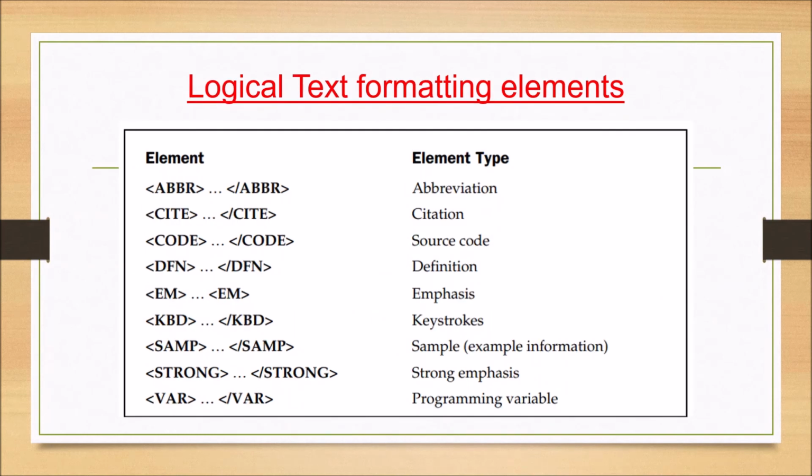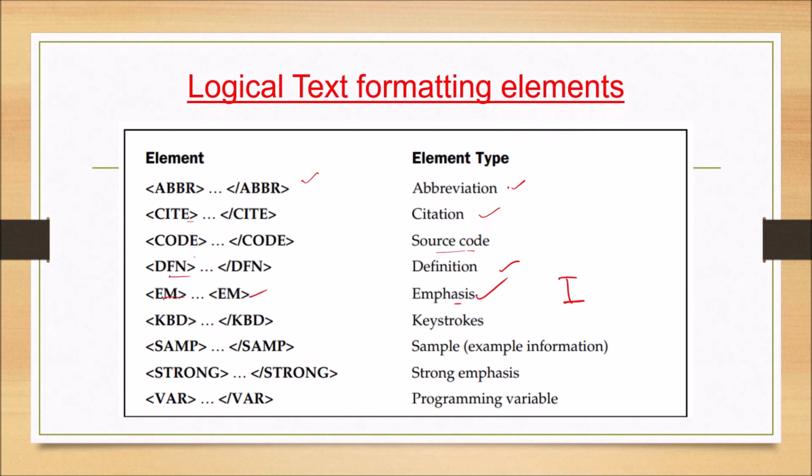Some logical text formatting elements are also there, like ABBR, which defines an abbreviation, CITE tag, which defines a citation, code tag, for source code, DFN, that defines a definition, EM tag, that is emphasis, and it is similar to the italic tag.